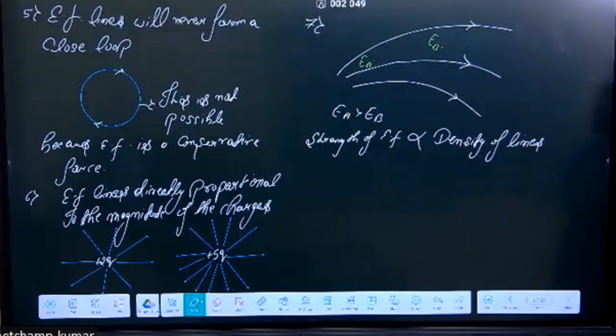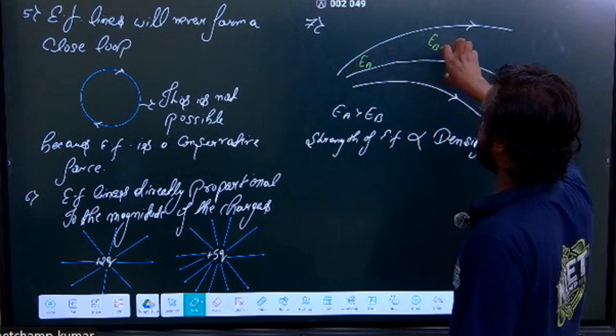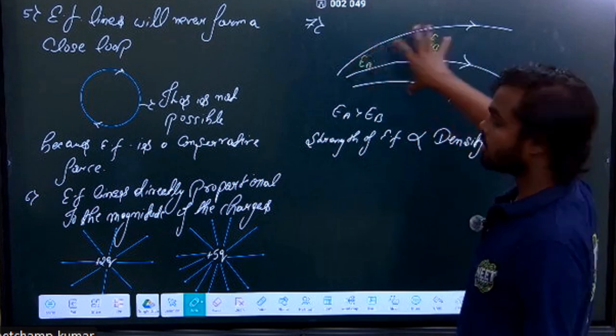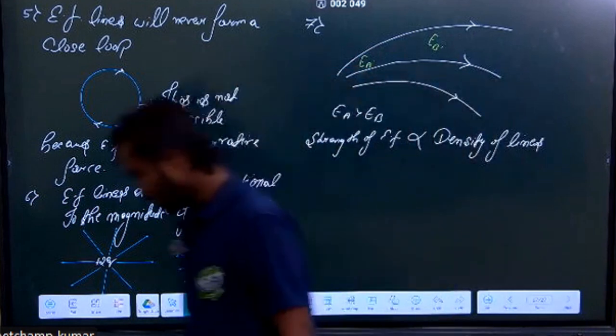You can see the density of lines in this region is more, right? It has a more density. Okay, it is more dense, it is less dense. So here the strength will be more, here the strength will be less. That is another property of electric field lines.